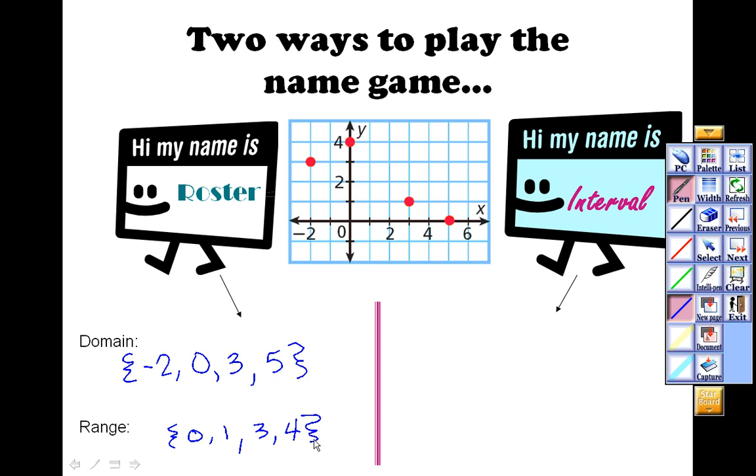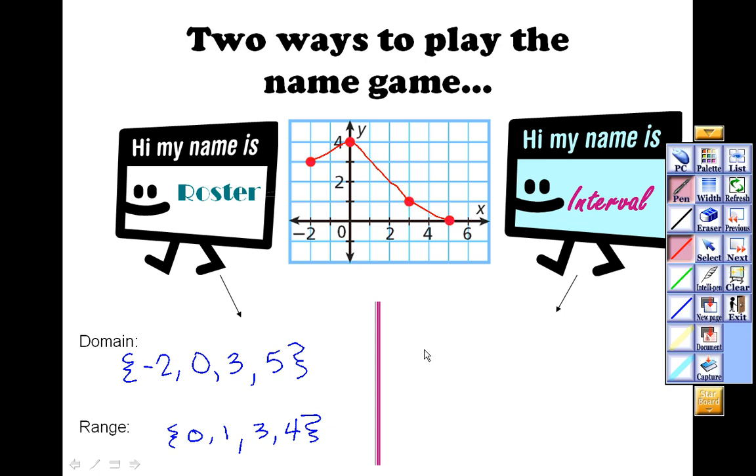Okay, now to check out interval notation, I'm going to do something a little different here. I'm going to connect these points, because I want to include not just those points, but all of the points in between as well. And so if I wanted to connect them and look at it in interval notation, I would write it like this. So I want to include all of the x values from -2 to 5.